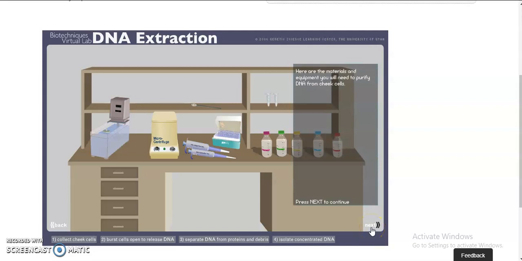Here are the methods and equipment for DNA extraction. This is the warm water bath. This is the microcentrifuge. This is the micropipette. This is the buccal swab.